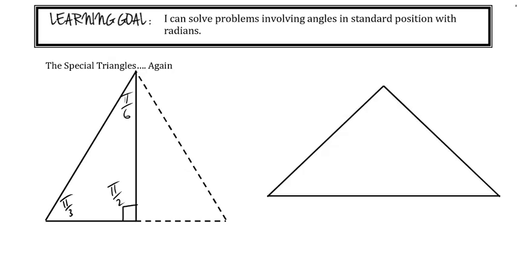Don't write this in. You can just watch me do it. Don't write this in because it'll clutter things up. But this is like 3 pi by 6, and this is like 2 pi by 6. 2 pi by 6 plus 3 pi by 6 plus 1 pi by 6 gives you pi, right? 6 pi by 6, that's pi, which is 180 degrees, so that makes sense for a triangle.